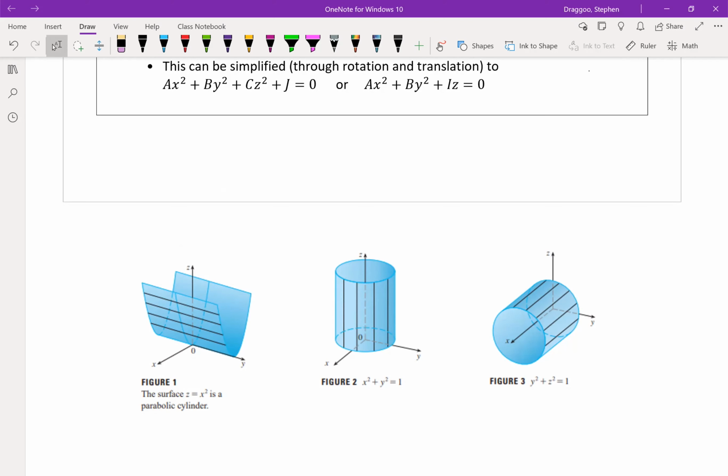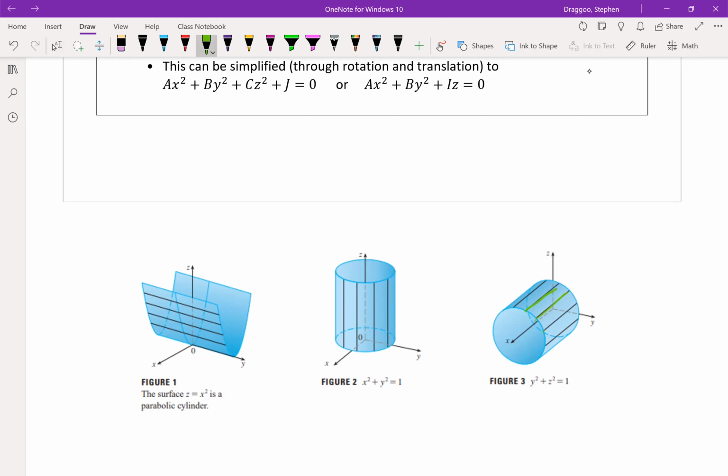A cylinder is comprised of two circles, some distance apart, and I can draw a series of straight parallel lines that connect those two circles right along their surface. Those are these lines over here, here, here.